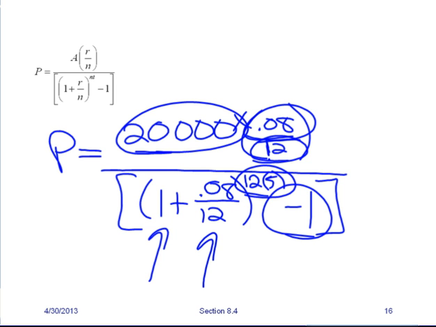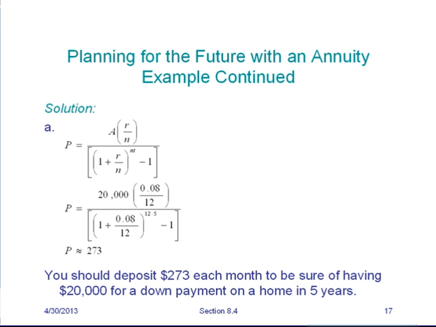Write that number down with as many decimal places as possible, and finally divide the top and the bottom. And when you do that, you get approximately 273. It's been rounded. So that tells you that you should deposit $273 every month, so that at the end of 5 years, you will have $20,000 that you can use as the down payment on a home.